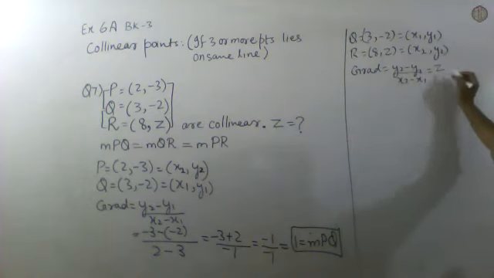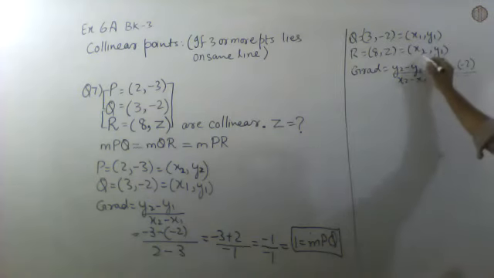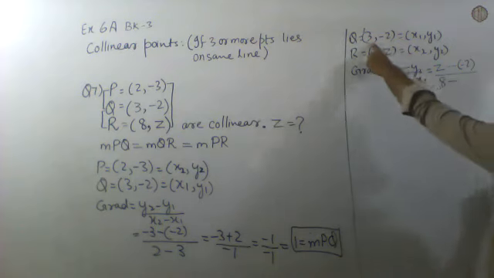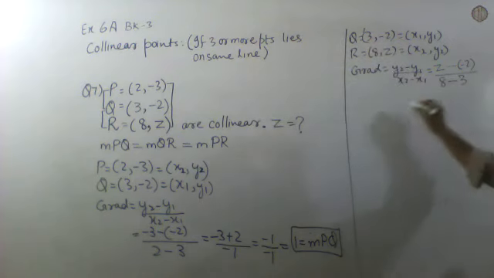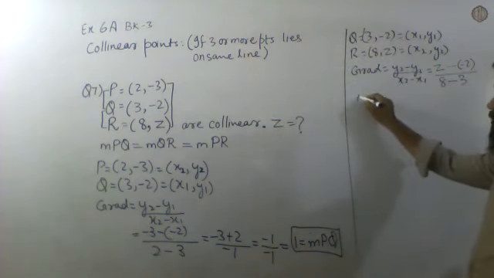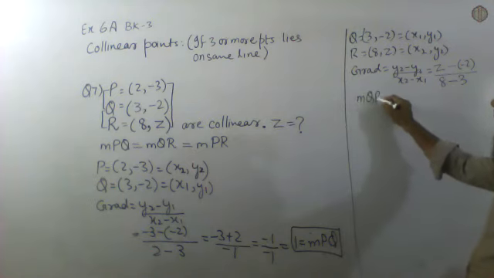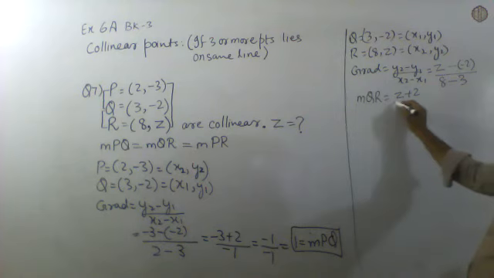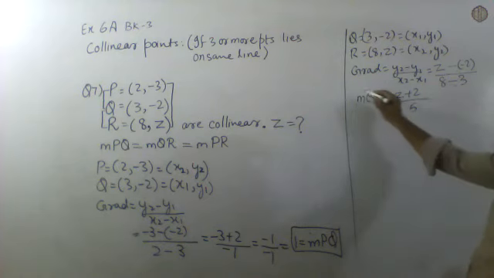Z, minus y1, upon x2. What is x2? 8 minus x1. So what will be x1 over here? 3. So when I simplify it, gradient of QR will be equal to Z plus 2 over 8 minus 3, which will be 5.